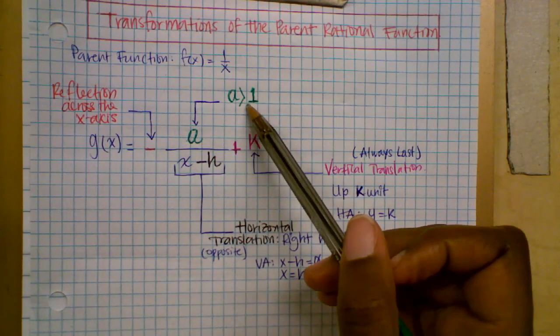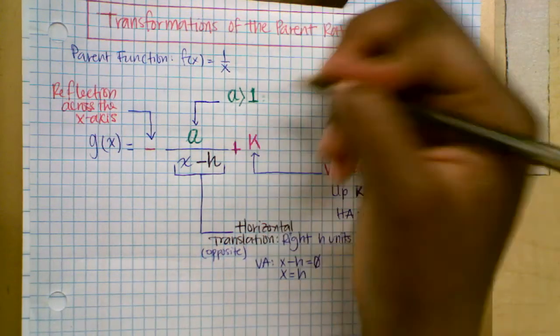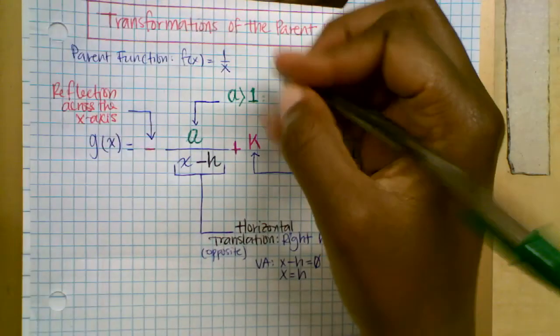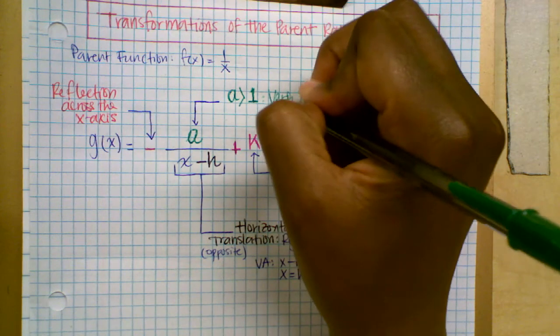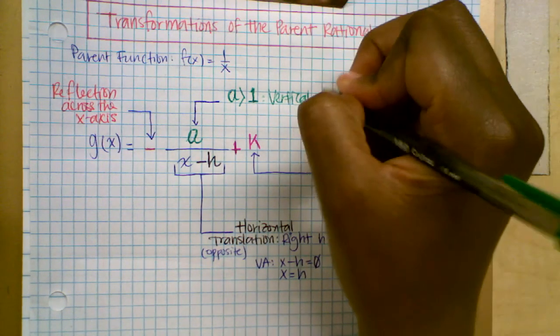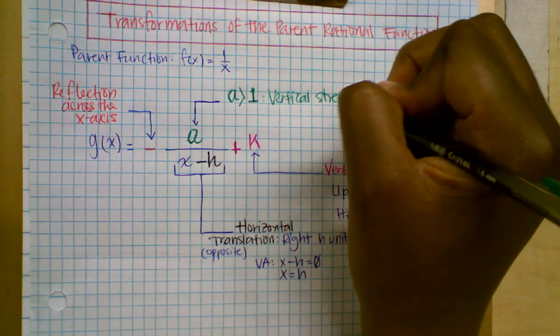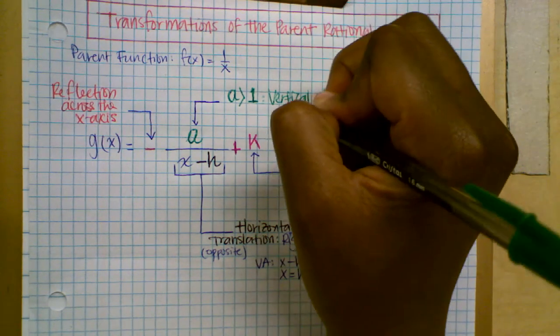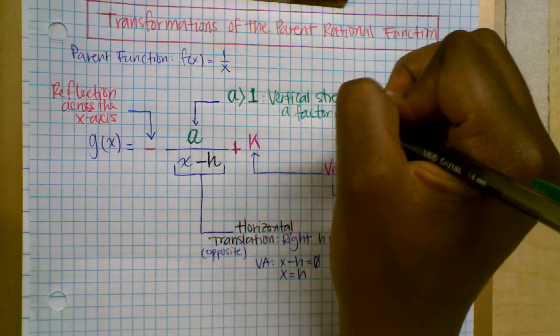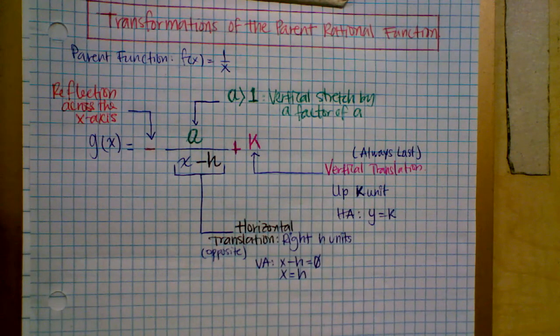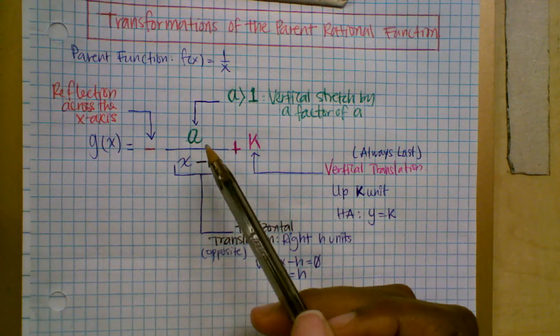If a is greater than 1, what kind of transformation do we have? That's a vertical stretch by a factor of a. Basically, you need to multiply the y value by the factor a.